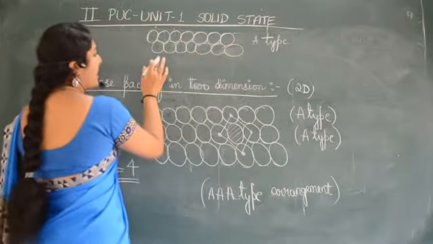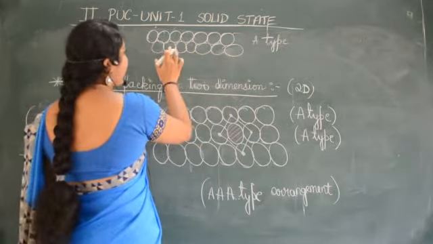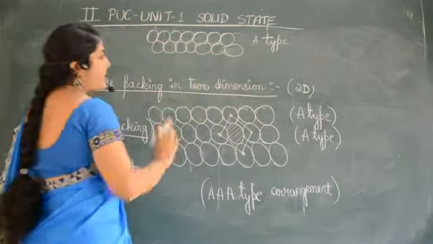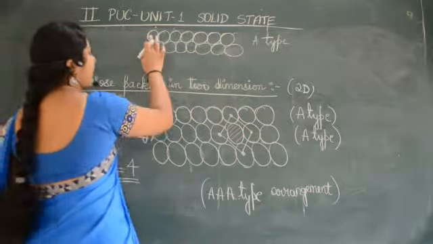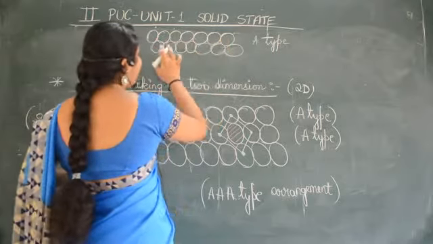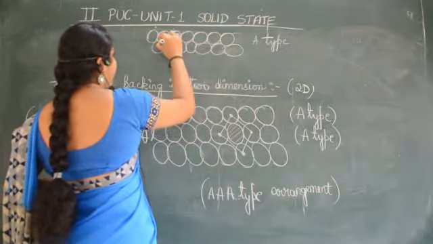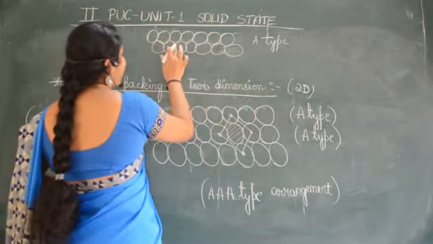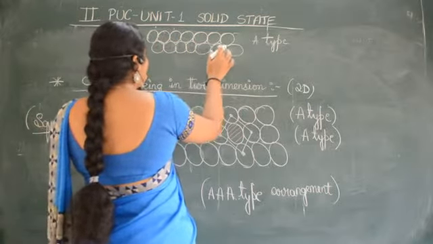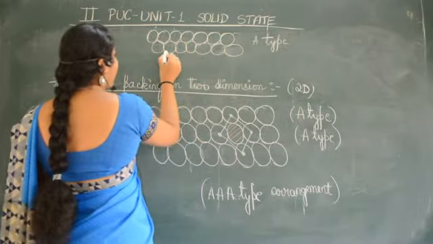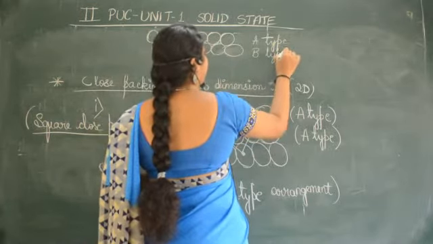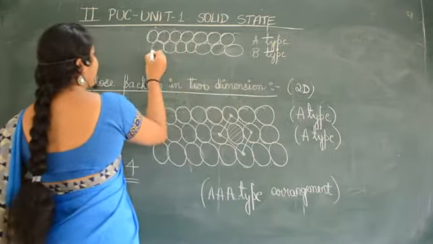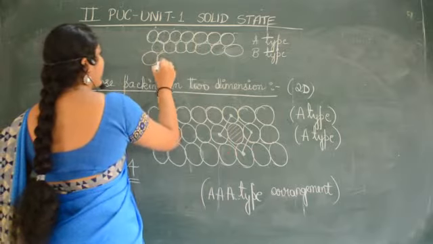Okay, now next layer. So this layer is not similar to the first layer. Why is it not similar to the first layer? Because the first layer is of A type and the second layer is different now, isn't it? Because it is placed in the depressions. Since it is placed in the depressions, this layer is called B type. Now next again we go on doing the same.